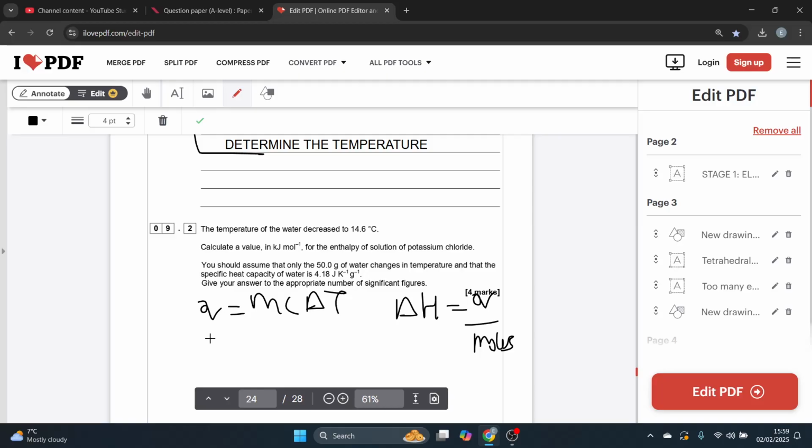So what I'm going to do is Q equals the mass, in this case of water, 50 grams. So 50 times by 4.18 C times by temperature of water decreased to 14.6 degrees.